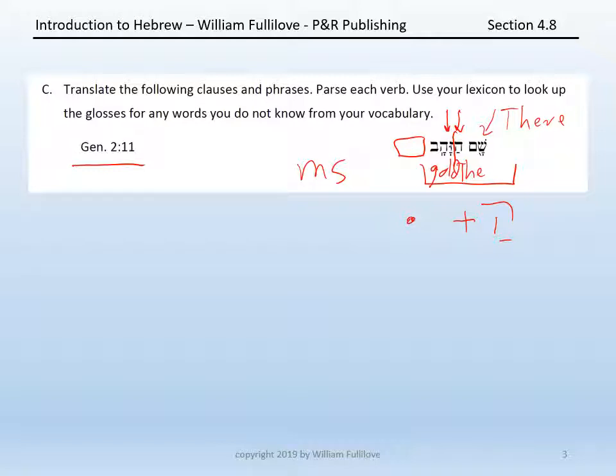You might think then, how do I take there, the gold, and make a sentence? First, remember that verbless clauses do not need to say is, the verb haya in Hebrew, to be a clause. So you might think the phrase is the gold, or the clause is the gold is there. The only issue is this article seems very strange in English. The gold is there.